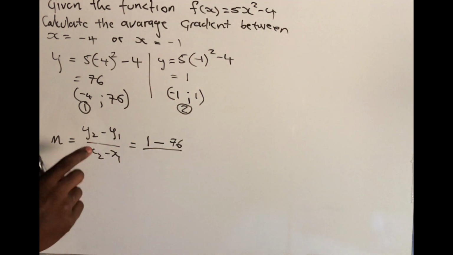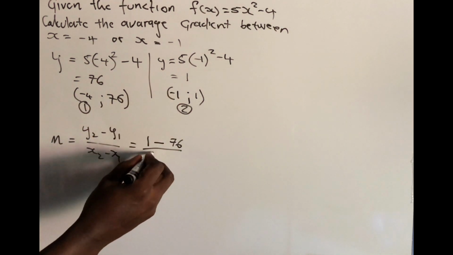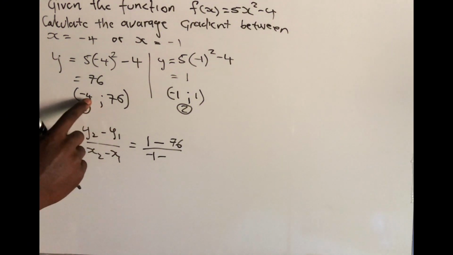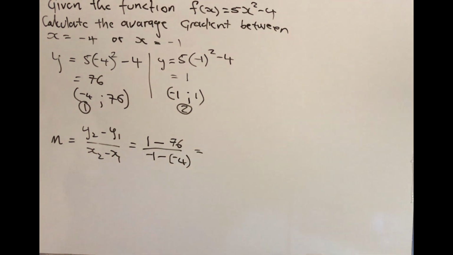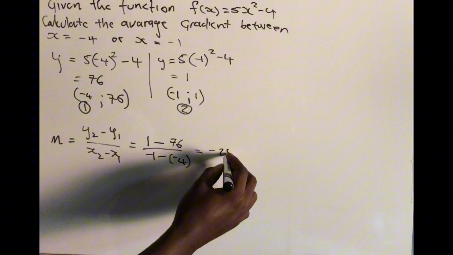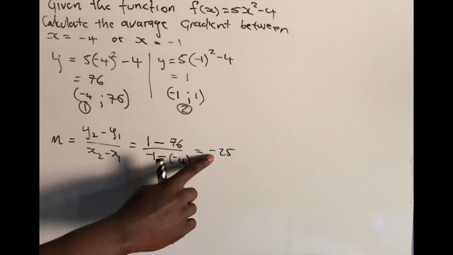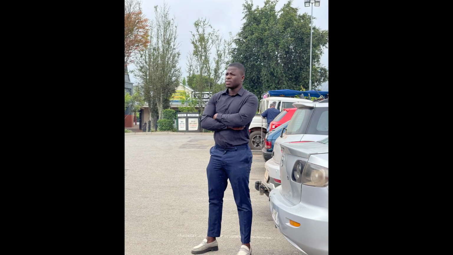And what's your x value at the second point? X value at the second point is -1, minus your x value at the first point. X value at the first point is -4. And then what do you get when you calculate the gradient? You will punch it in your calculator and you will get -25. So what does it tell you? Since it's negative, it means the function is decreasing.